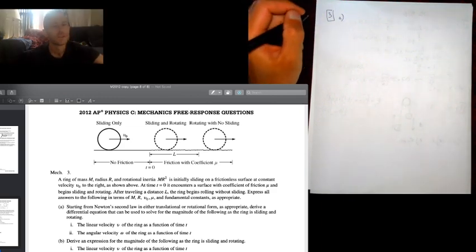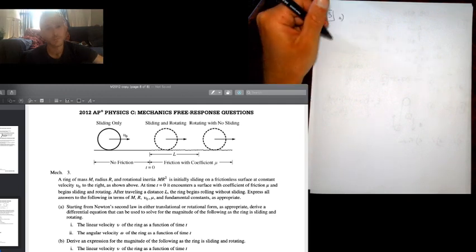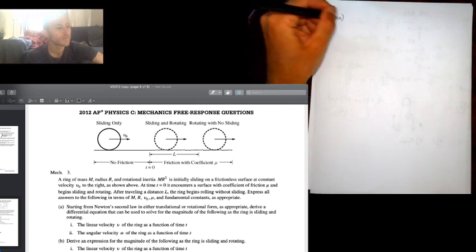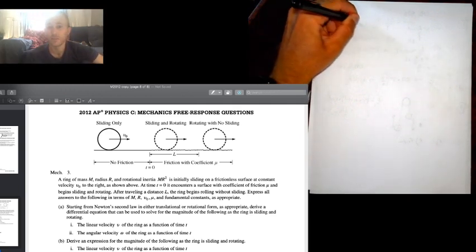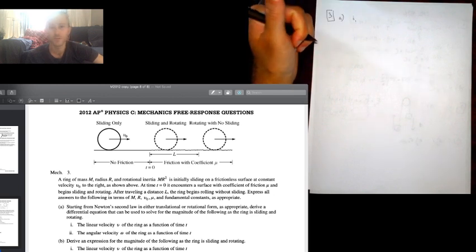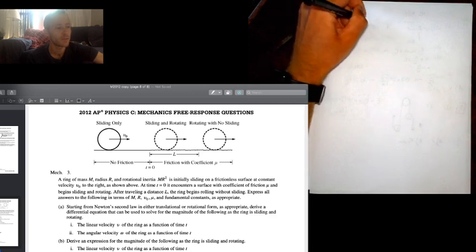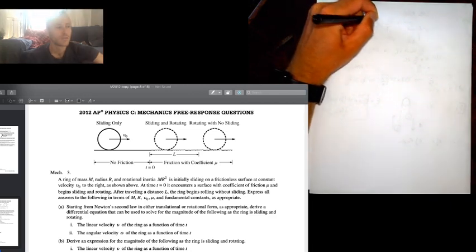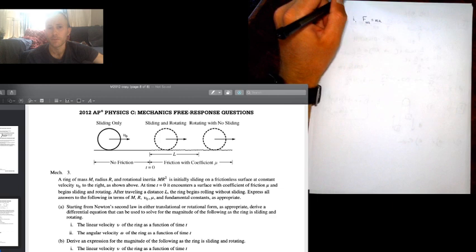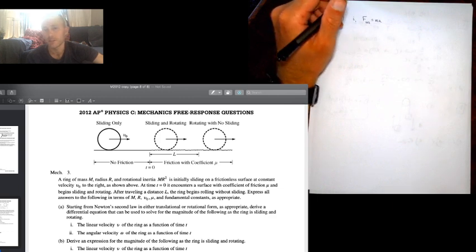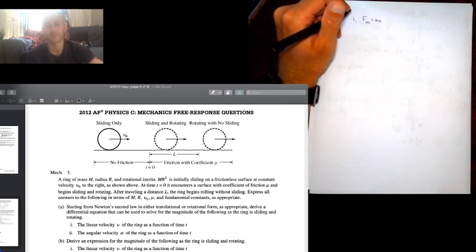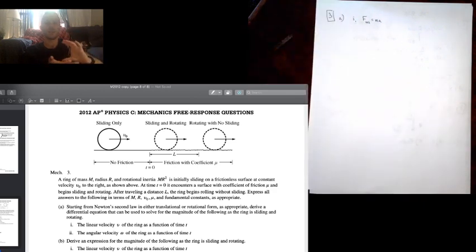Okay, so for I, the linear velocity has to do with Newton's second law for translation. So we have net force equals ma. Because basically it's sliding.